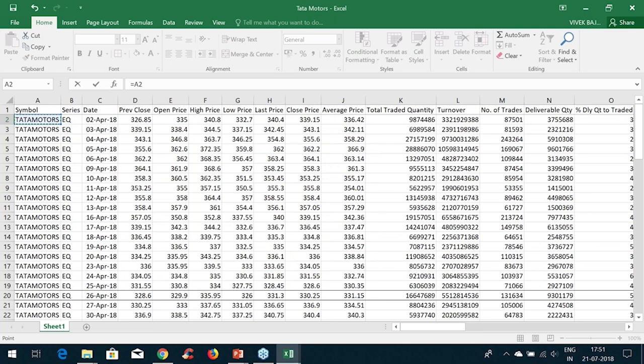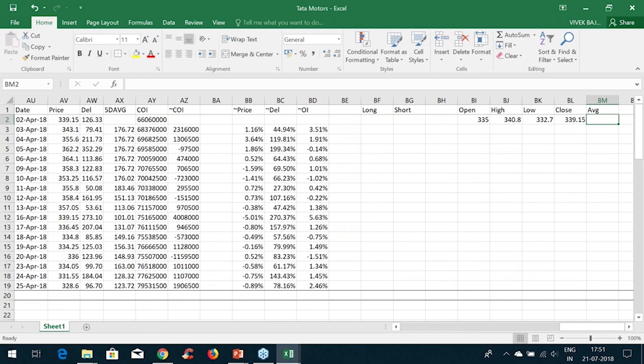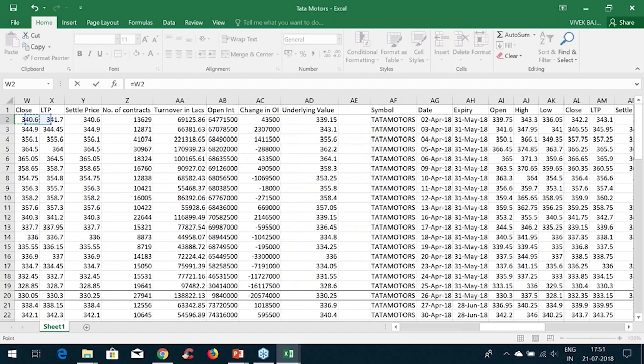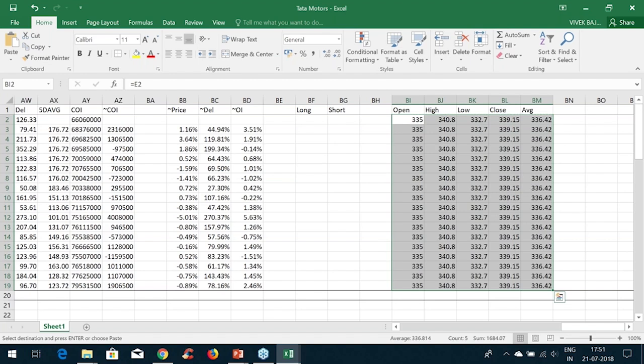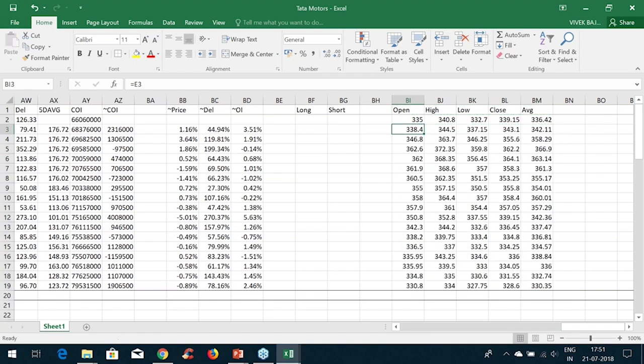We have to look at the close price, and the average price is this. Now I just copy this. This data will give me an important support and resistance, an important price point where the bigger guys have entered into that stock and they will defend that price point in the market.